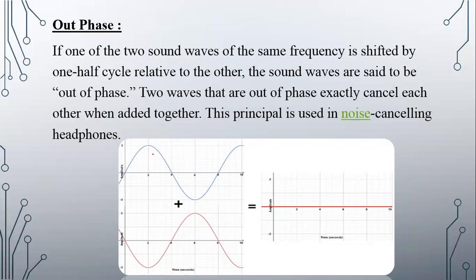When the crest of one wave falls on the trough of the other, they cancel out each other's effect, and the amplitude of the resultant wave becomes zero or minimum. Similarly, the trough of one wave falls on the crest of the other, so they cancel out each other's effect. Such waves are called out of phase because they have a phase difference between them.